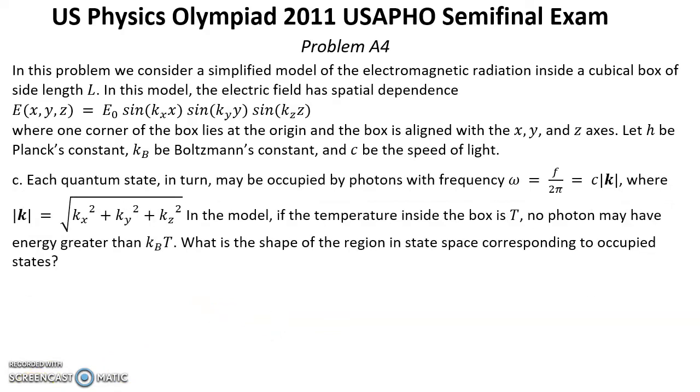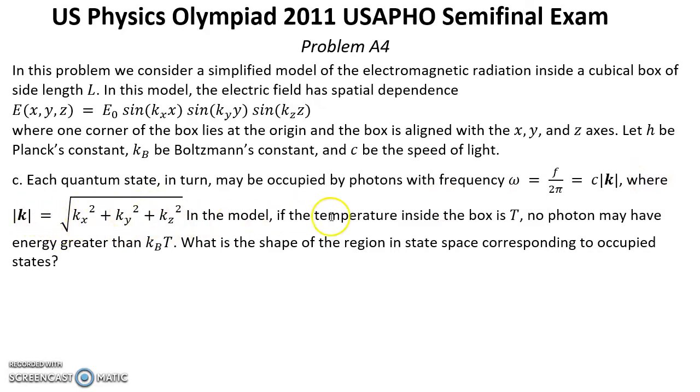Question C. Each quantum state in turn may be occupied by photons with the frequency omega equal to 2 pi f equal to c multiplied by the modulus of k, where c is the speed of light and k is the length of vector k in this space.